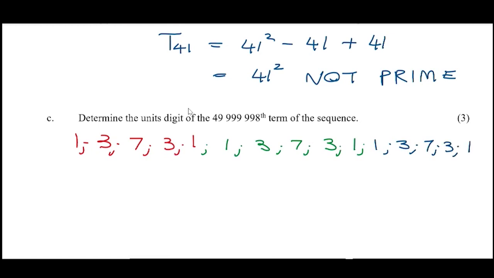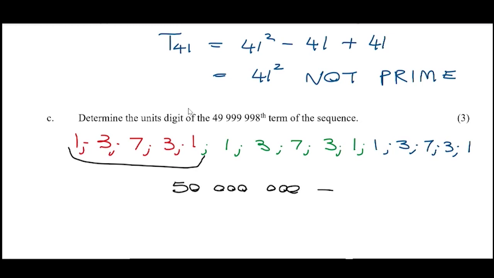Now, the secret here is to realize that this cycle of digits is 5 units long. So every 5th term will end in 1. If we looked at the 50 millionth term, 50 million is a multiple of 5.